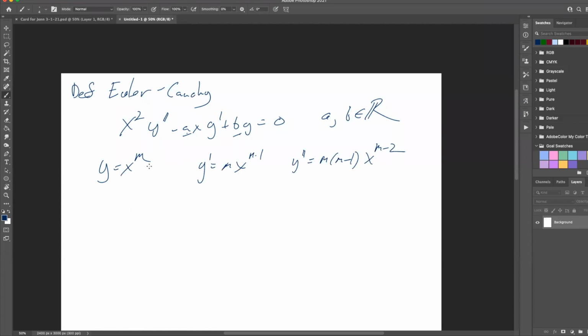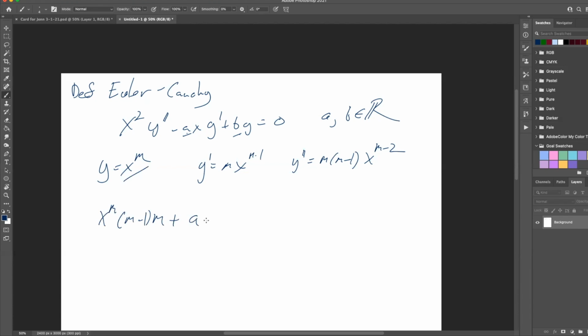And if I just plug that in, the reason we guess that is because I would always have x to the same power, in particular, x to the m. Because if I plug that in, x to the m minus 2 plus 2 gives me x to the m.